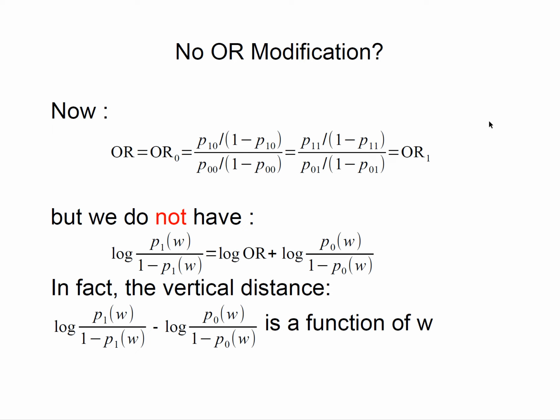But for the case of the odds ratio, an unusual thing happens. If in fact there is no odds ratio modification, if the odds ratio in strata 0 is the same as the odds ratio in strata 1, we do not have this parallelism of the log of those two probability functions.